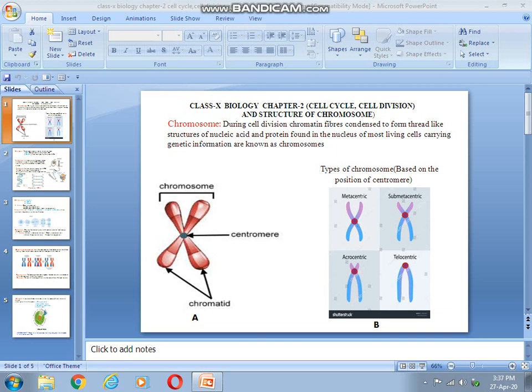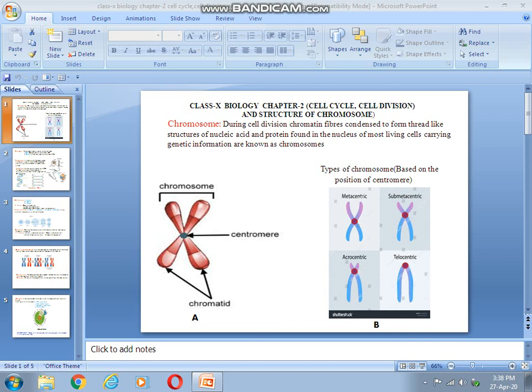Now what about the structure of chromosome? Chromosome looks like a thread, but actually it consists of two thread-like structures called chromatids. You just go through the diagram given in A number. Here the structure of chromosome is given.